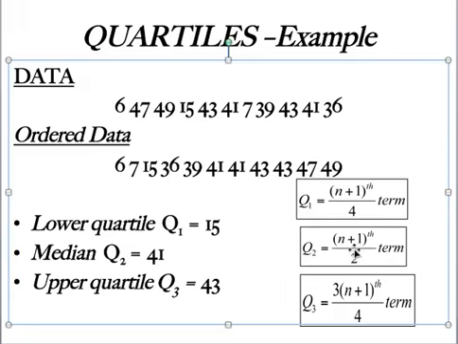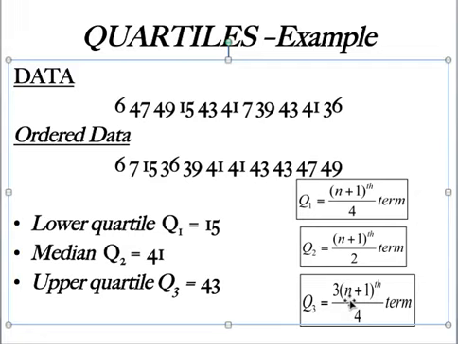So we're going to look for the sixth term, which is 1, 2, 3, 4, 5, 6, 41. The third quartile, or the upper quartile, is denoted by Q3. The formula is 3 times (n plus 1) over 4 term.